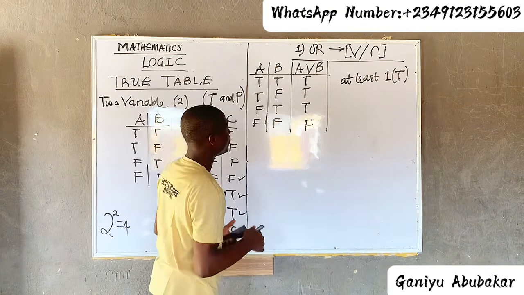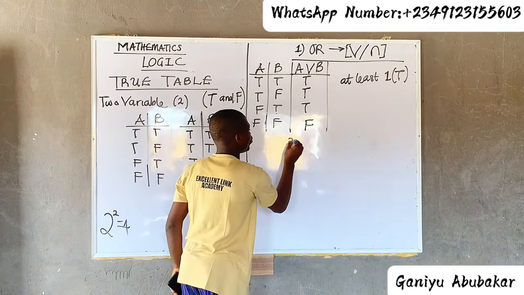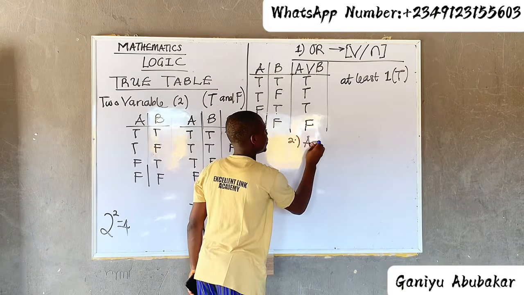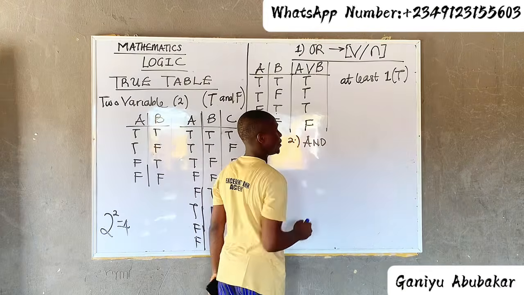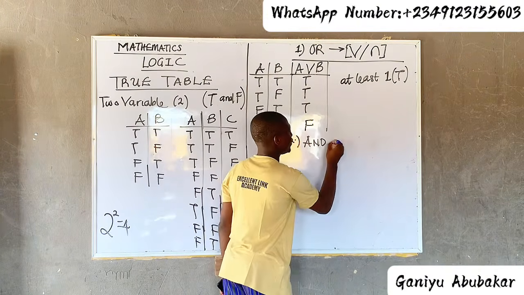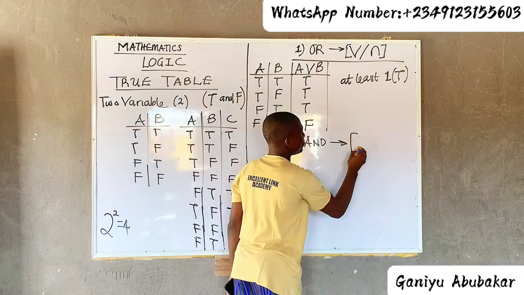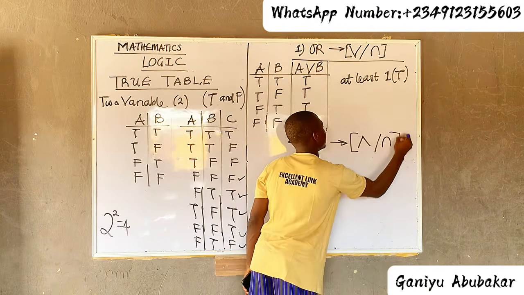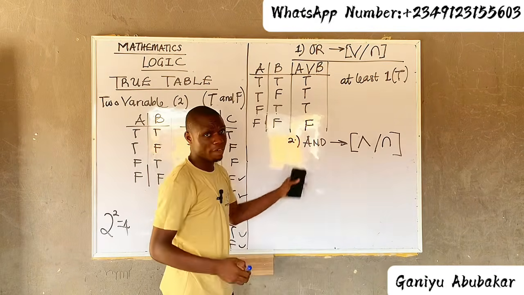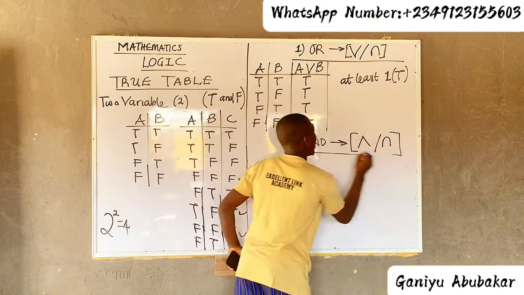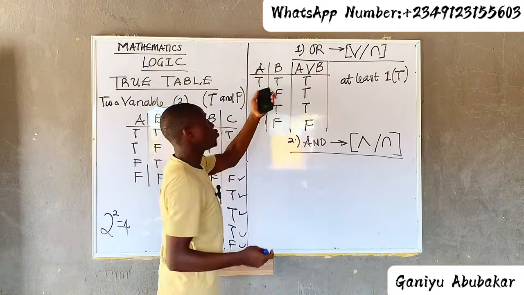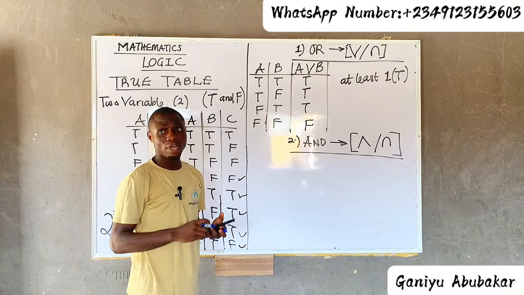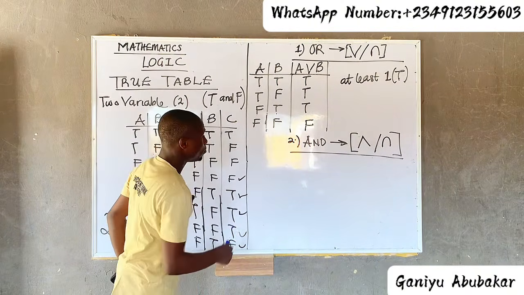All right, let's explain the second connective. Number 2 there is called and. And is the second connective represented using a symbol like this, or if I want to, I'll use this. So this is the second connective that we have. Let me now use a normal two variable concept to explain this part.